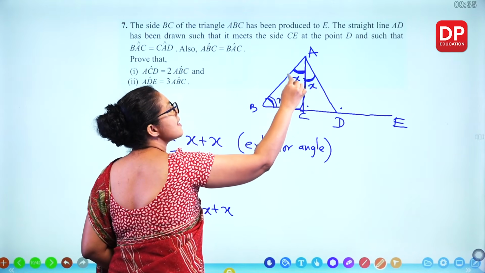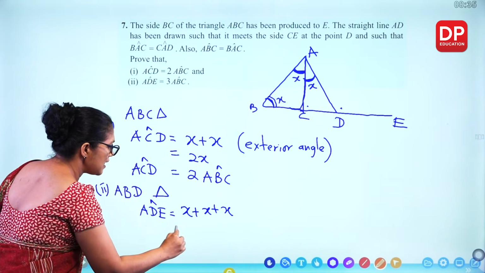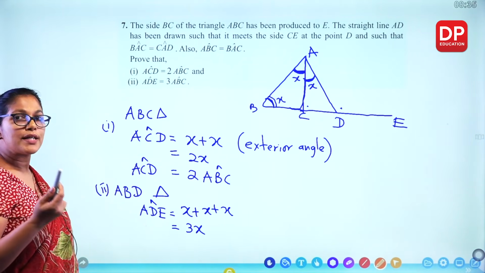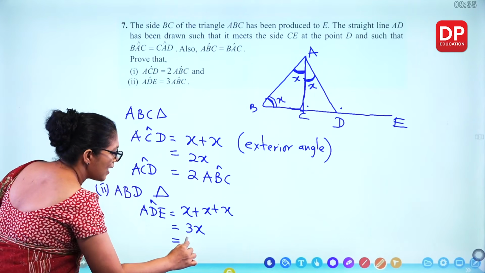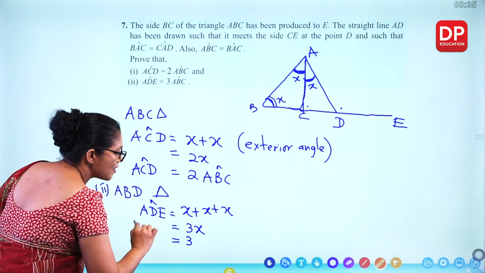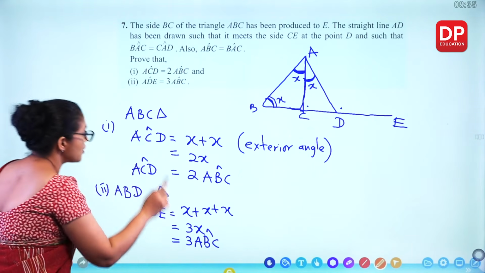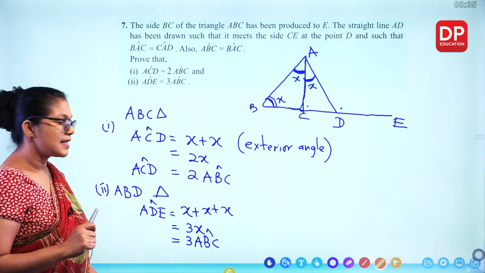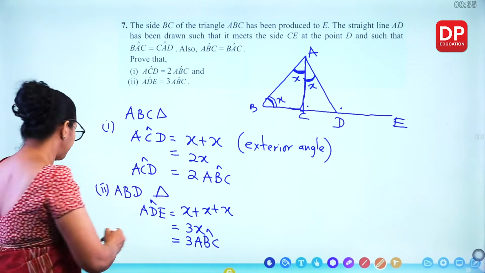This whole thing is x plus x, that's 2x, and this is x. So I get 3x. Again, what is x? X is ABC angle. So instead of x, I can write ABC. So ADE angle is 3 times ABC. So that's the second part.